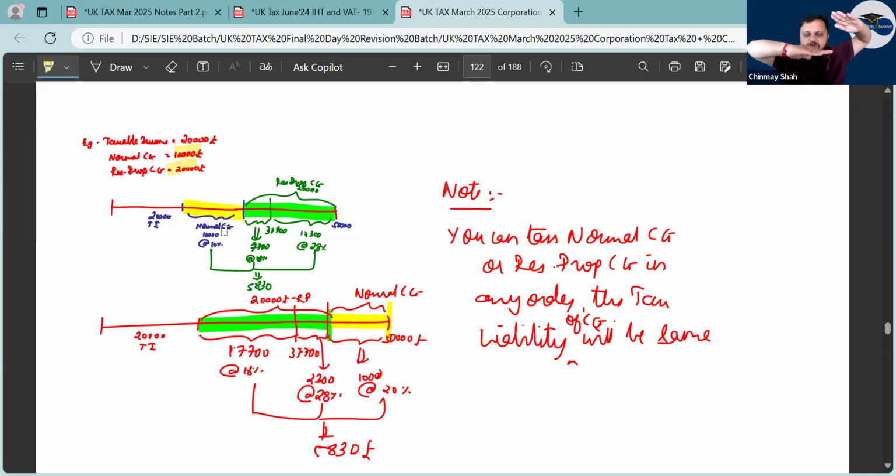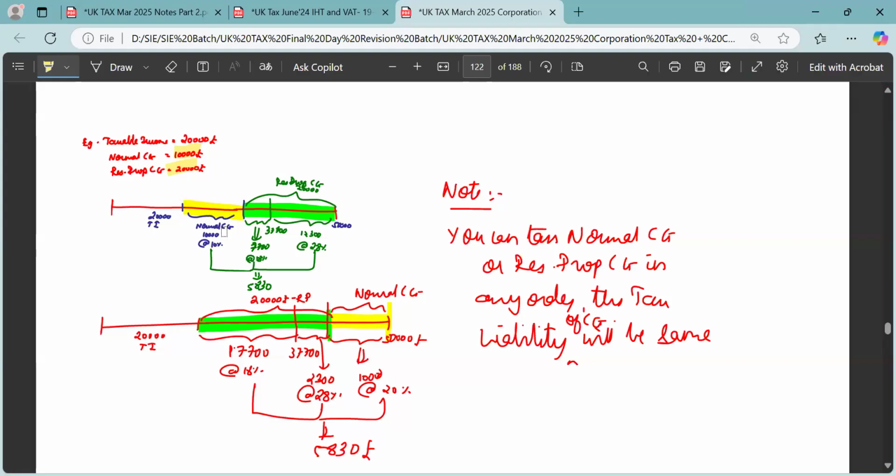So should you tax normal CG first, then residential CG, or residential CG first and then normal CG? Over and above the total taxable income, should you tax normal CG first, then residential property? Tell me. Residential property first or normal CG first?